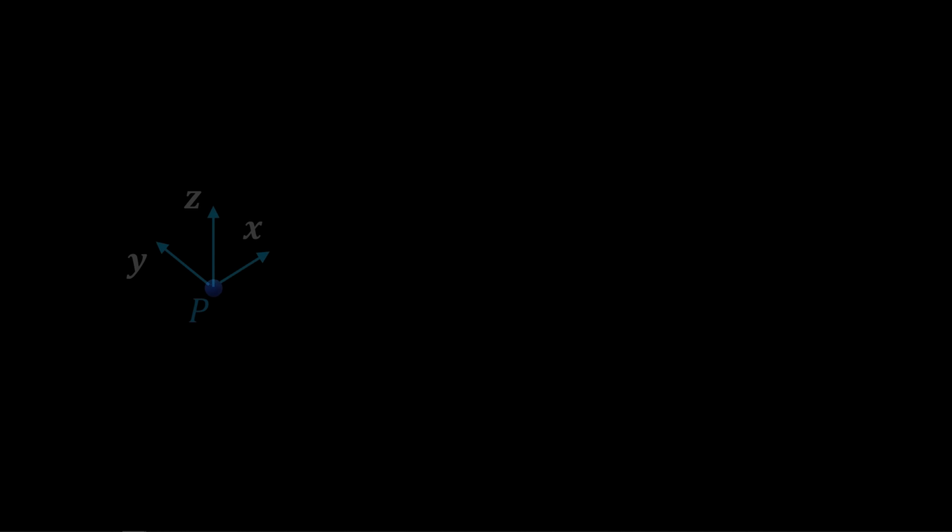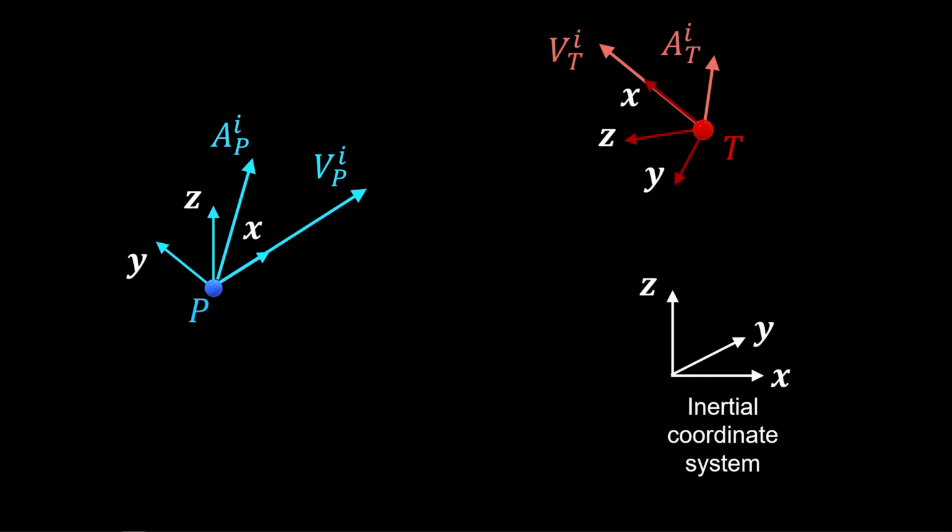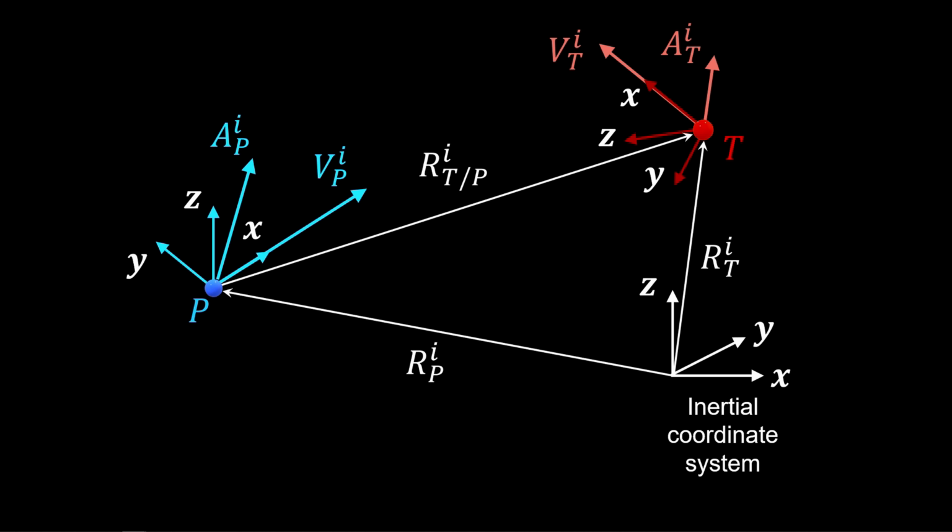Consider our pursuer with an attached coordinate system and the target also with a coordinate system. The target and pursuer will have instantaneous velocities and instantaneous accelerations. Let these quantities and their positions be resolved in an inertial coordinate system with their instantaneous positions and relative position defined.